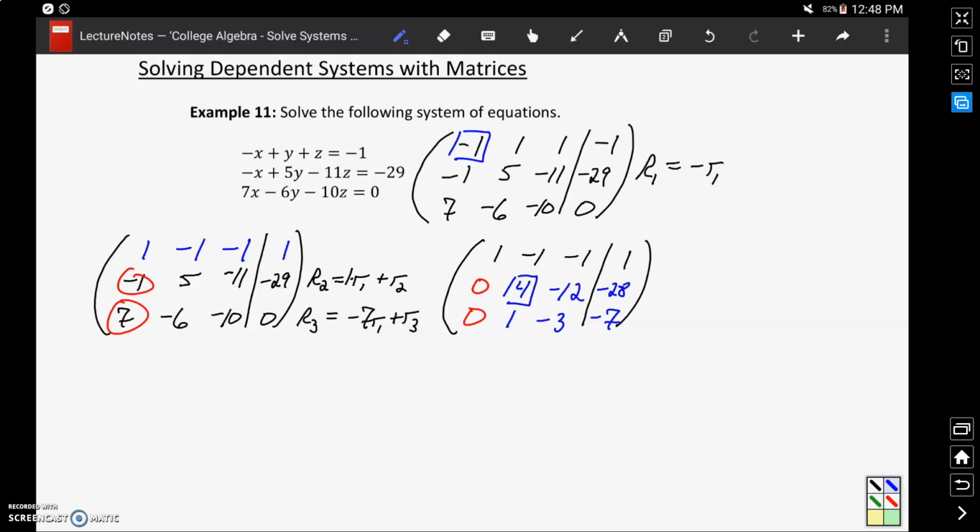Our easiest approach in this case to turn row 2, column 2 into a 1 will be to switch the places of row 2 and row 3, since row 3, column 2 is already a 1.